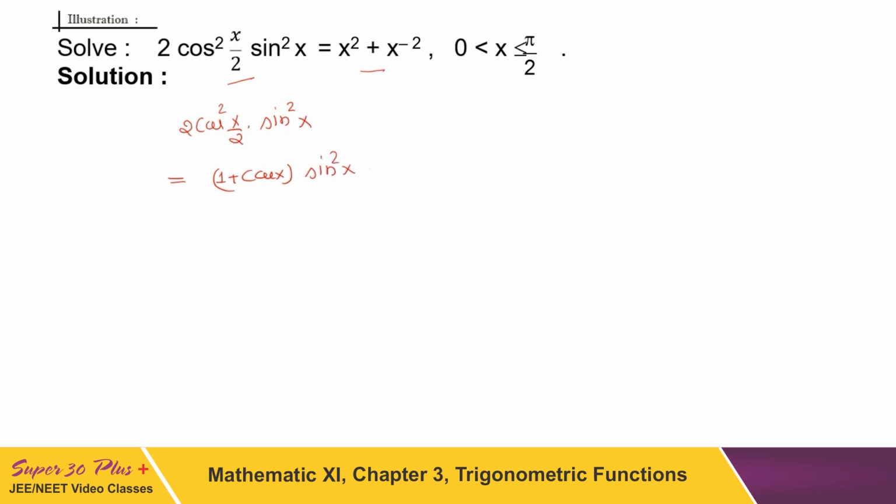It is always less than 2, since 1 plus cos x is less than 2 and sin square x is less than or equal to 1. And RHS here is x square plus 1 upon x square, that is always greater than or equal to 2. Hence, LHS is never equal to RHS. Therefore, the given equation has no solution.